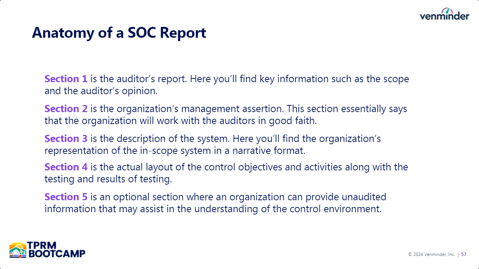Section 3 is the description of the system. This is the meatiest part of the report, typically, the narrative. And then Section 4 is the actual layout of the control objectives and activities and any testing that took place. And then Section 5 is optional. It's going to be unaudited information. And so sometimes they'll have it, sometimes they won't, but it's kind of an optional section. And I think we're going to roll into our next poll question.